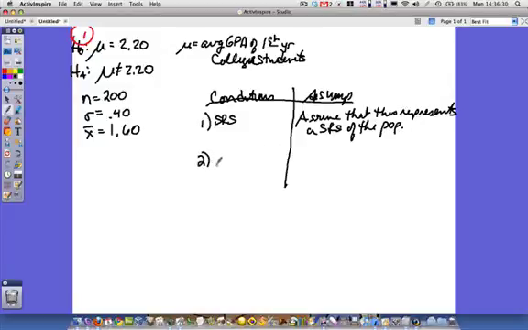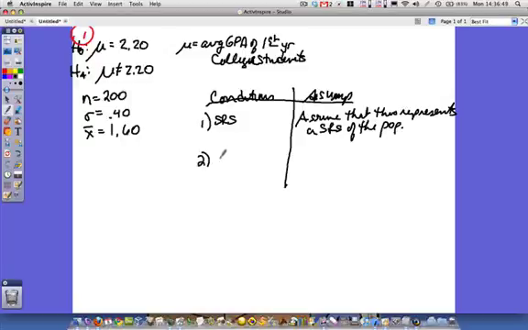The second condition, remember, is either that the population is normal or that the sample size is big enough. Okay, now we don't know about the population being normally distributed, and the sample size is obviously much more than needed here. We only need 40. We've got 200.